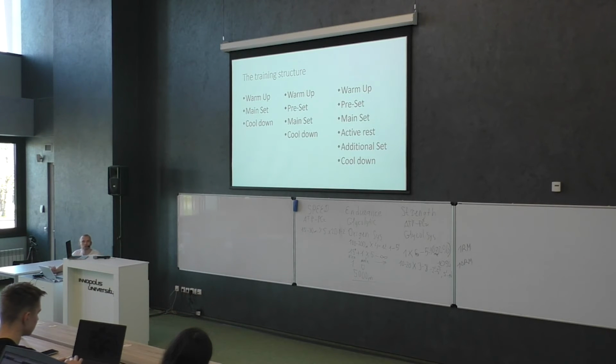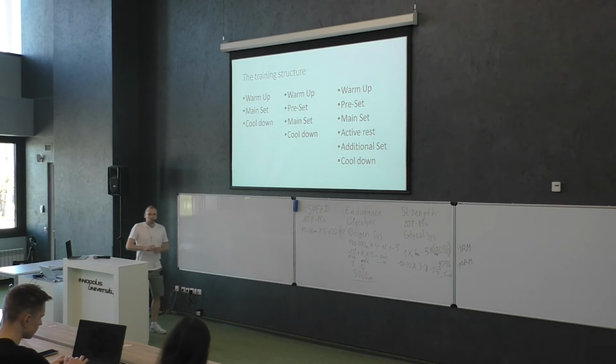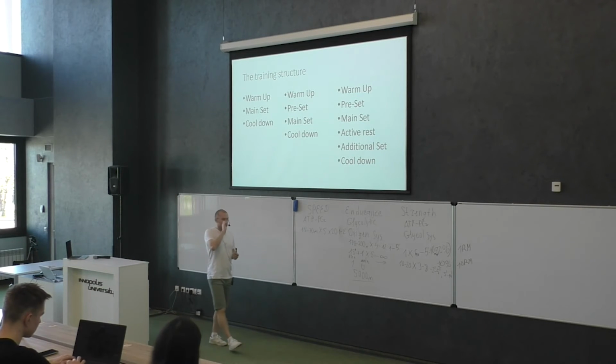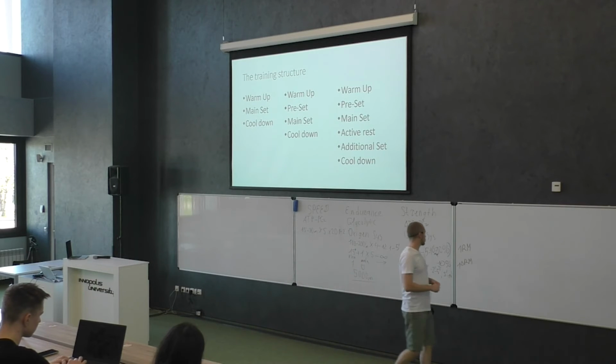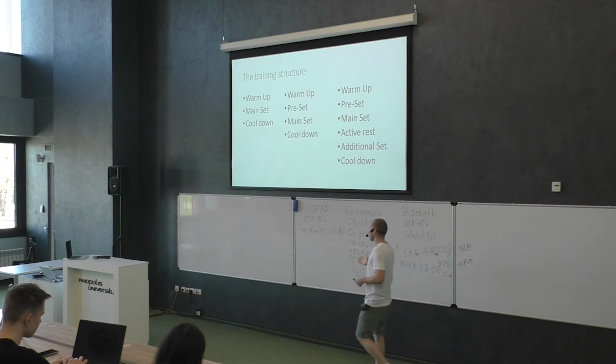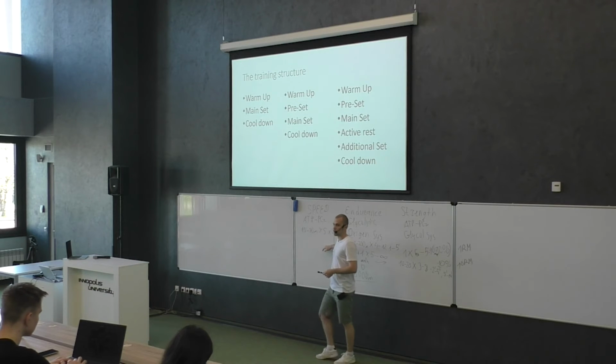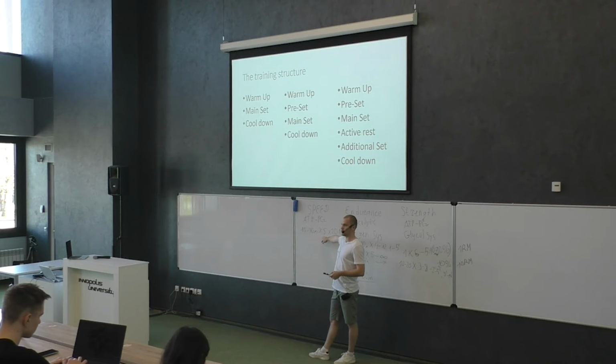When we plan what training we will do, when we decide what we will do, this is the main set. When you're planning the training structure, you need to count how much time you will spend on this main set. For example, 30 meters is about 10 seconds maximum.